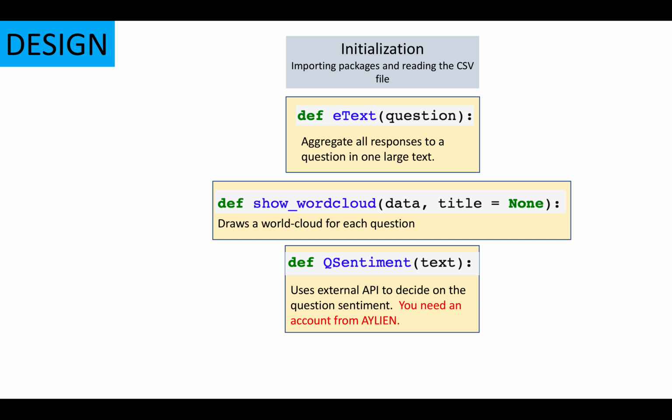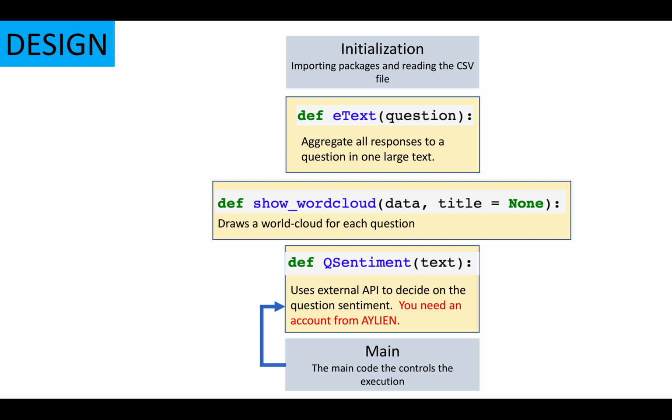So we'll send to that one the text we have for every question, and they will send us back a JSON format that includes the sentiment, the keywords, and the other things which we can extract, whatever we want to extract.